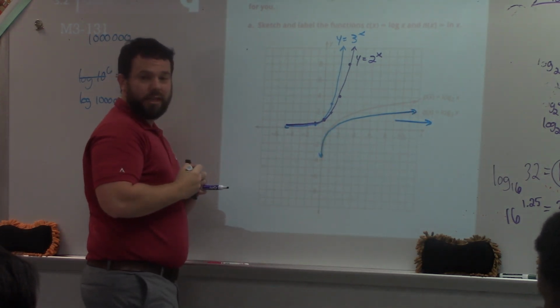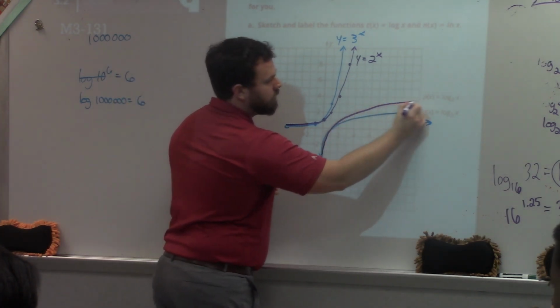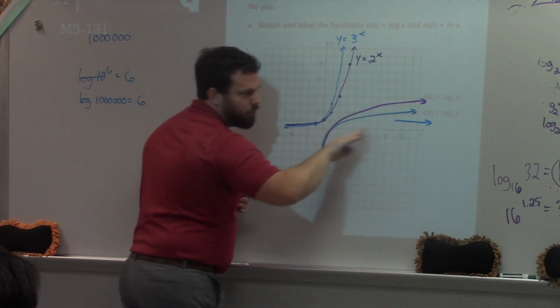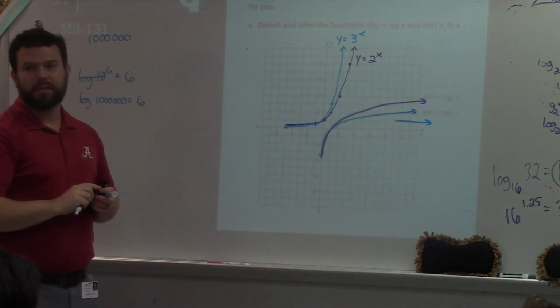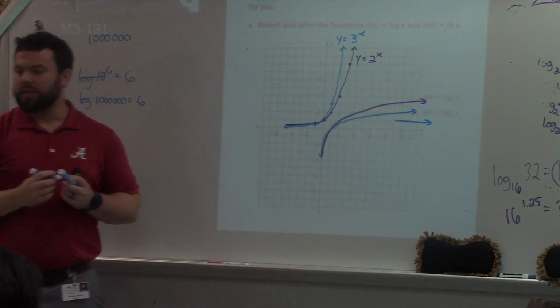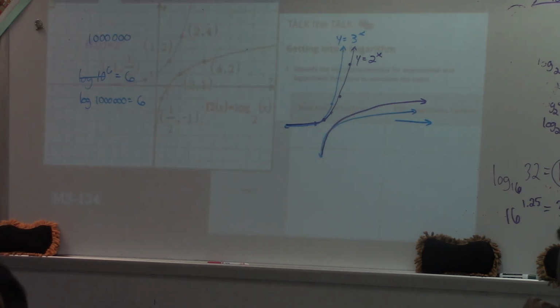I just want you to notice that small detail, that with the inverse function, the higher the base, the more quickly it grows horizontally. Does that make sense? Okay. So I just want you to see that quick, small relationship there. Not sweating that detail.